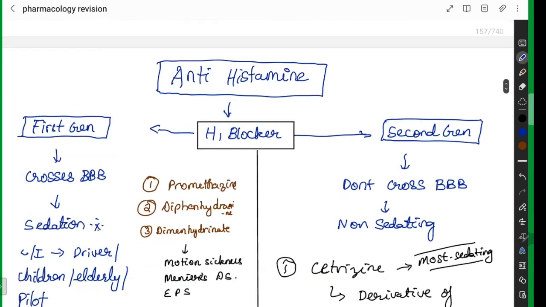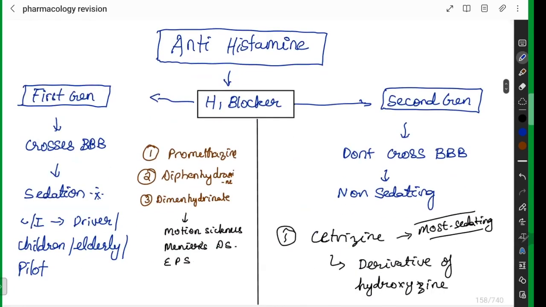Okay, now coming to antihistamines. Now we have completed serotonin receptors. Four serotonin receptors are the ones of interest for us. Serotonin 1 receptor is used in migraine. Serotonin 2 receptor is used as anti-obesity.